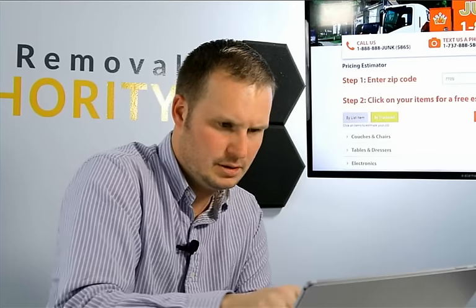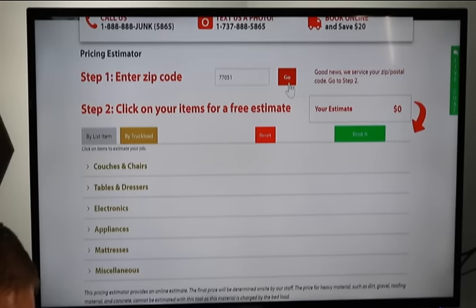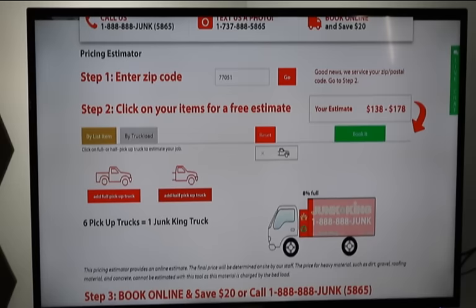All right, Mr. Timms, Kendall Timms, 77051. All right, did that go through? Yes, it did. Okay, so then we're going to switch over to buy truckload. You start out with add half truckload to get the minimum. Their minimum in your area is 138.